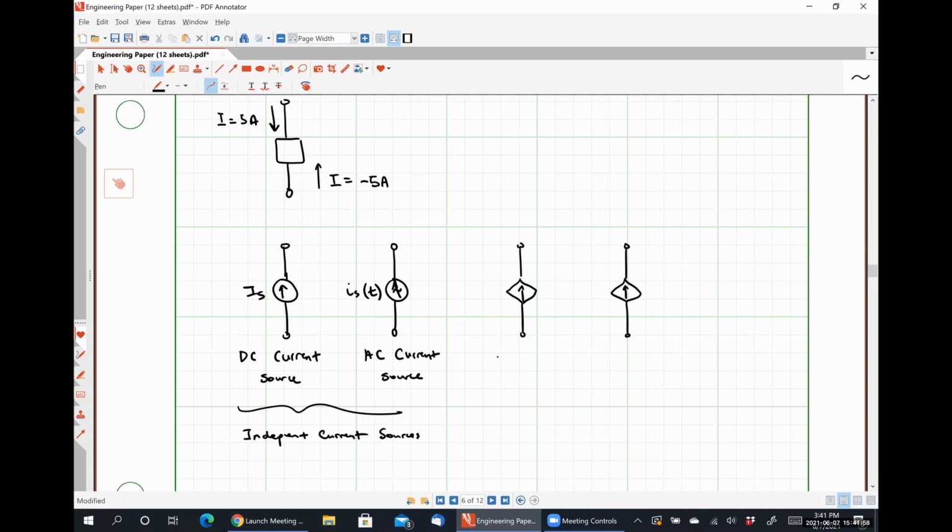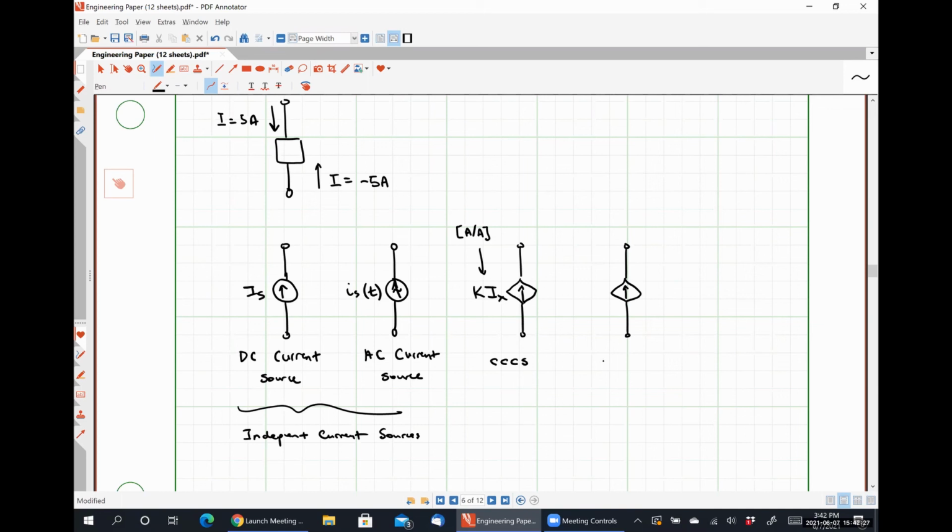The first I want to talk about is a current-controlled current source. So it will just be K times some current IX, where K has units of amps per amp. And so this just means that the current flowing through this source or being supplied by this source is dependent on a current elsewhere in the circuit.